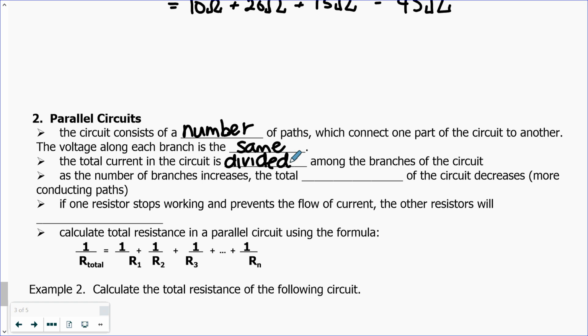As the number of branches increases, the total resistance of the circuit decreases because there are more conducting paths, there are more ways for electrons to flow. So this decreases the total resistance.